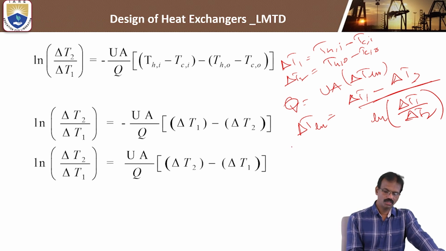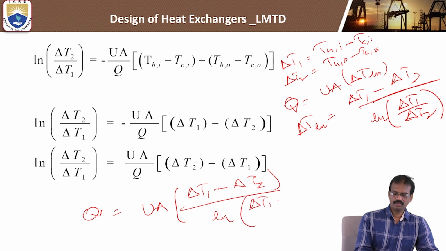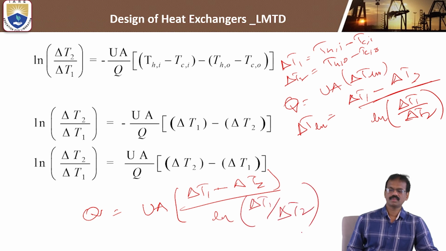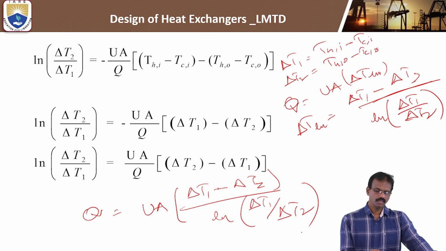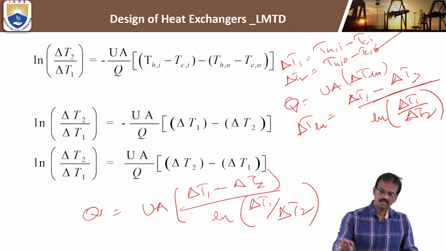So finally, Q is equal to UA into delta T1 minus delta T2 divided by ln of delta T1 by delta T2. This is the formula. Delta T1 and delta T2 values will change based upon the type of heat exchanger. For the parallel flow, these are the values.